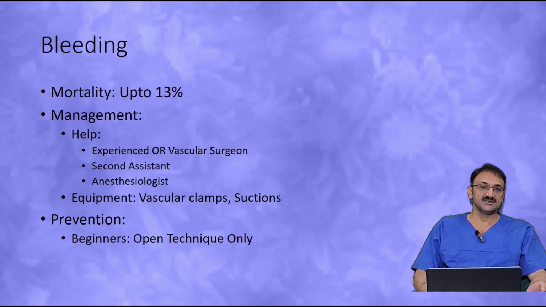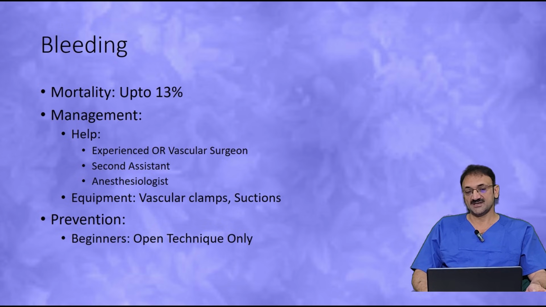In that period, the anesthetist must be standing with the patient so that he can manage the physiological and pathophysiological impacts of bleeding, as well as the increased pneumoperitoneum. And the equipment must be there: the vascular clamps, and the suction, which can be of 5 millimeter or 10 millimeter diameter. You must have all that equipment ready.